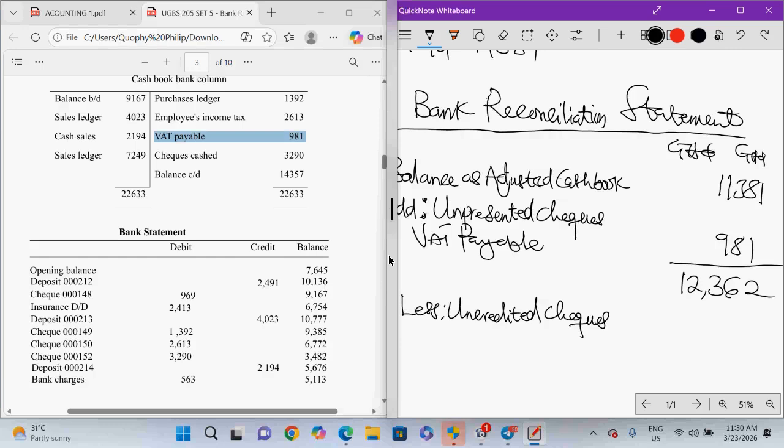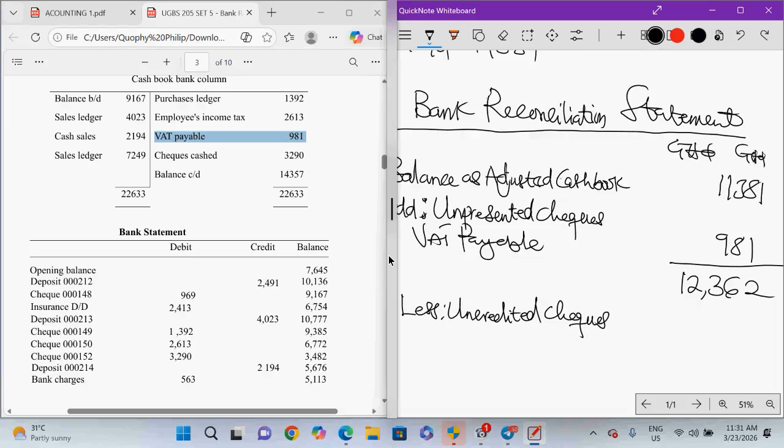So these checks have been received by the suppliers. They've given it to the bank, but the bank hasn't credited their account. Unlike the unpresented, where they've not given it to the bank at all. But this one, they've presented it to the bank, but the bank is yet to credit their account, right?